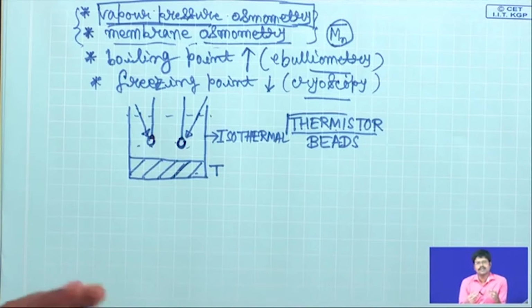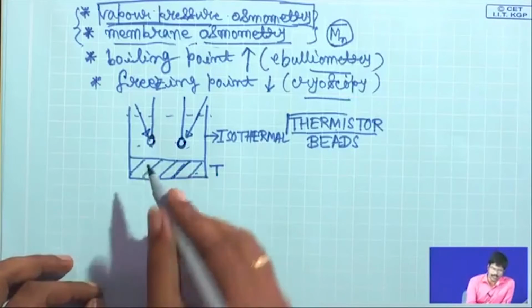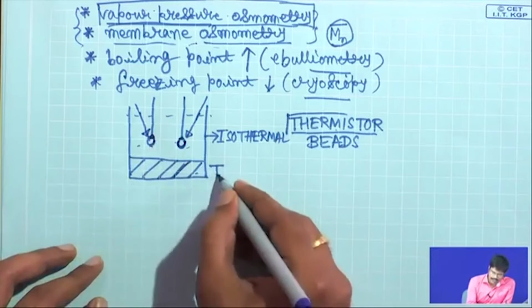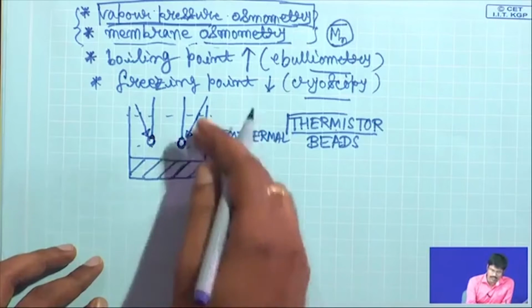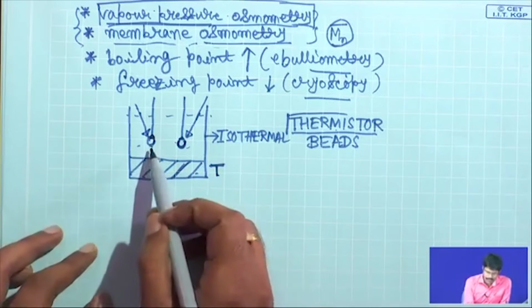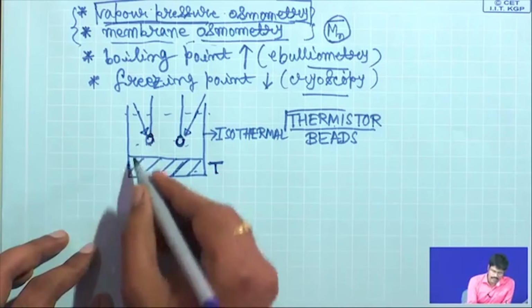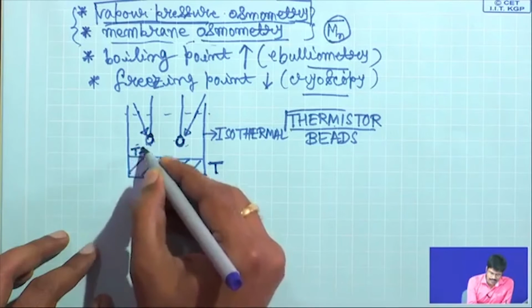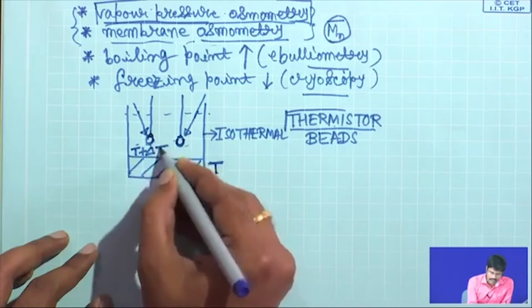The same way, when the vapor is condensed, it will release that heat. So, it will release some heat, and in the same process it will heat up this solution drop. So, if this temperature is T for the solvent in equilibrium with its vapor, this drop will have an increase in temperature. So, let us say the temperature becomes T plus delta T.